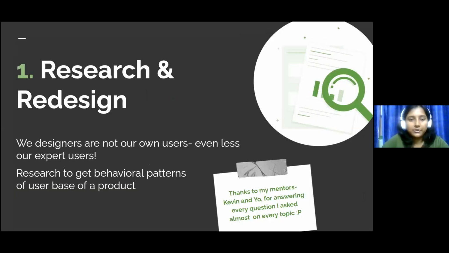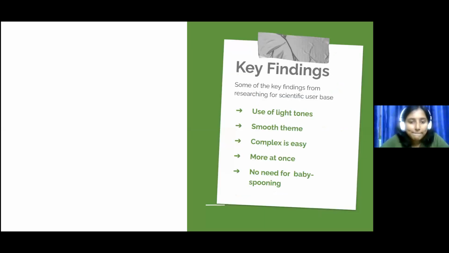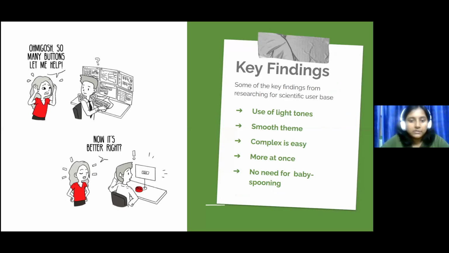Coming to the first part, I started by researching the background of the system and came up with a few key points. One of the distinct things that I noticed was to use light tones so that users can look at the screen for a much longer period of time.